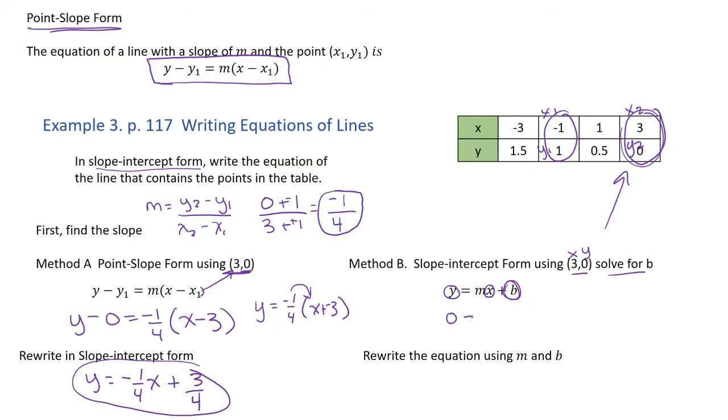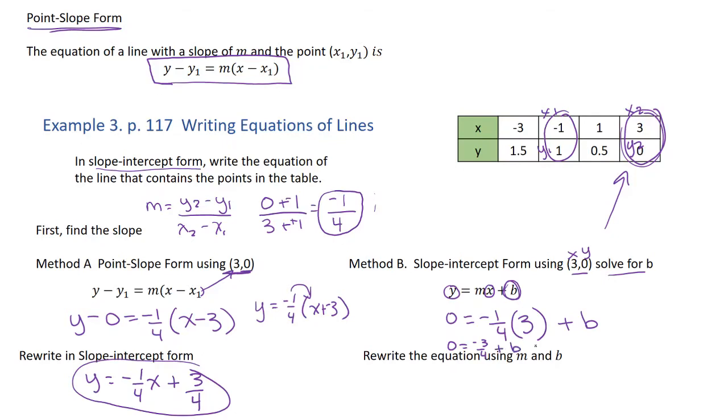y is 0. m, we saw from over here, is -1/4. And we're going to put in our x, which we said is 3, plus b. We don't know what b is, so we're going to solve for that here in just a minute. So negative 1/4 times 3 is negative 3/4. 0 equals negative 3/4 plus b.